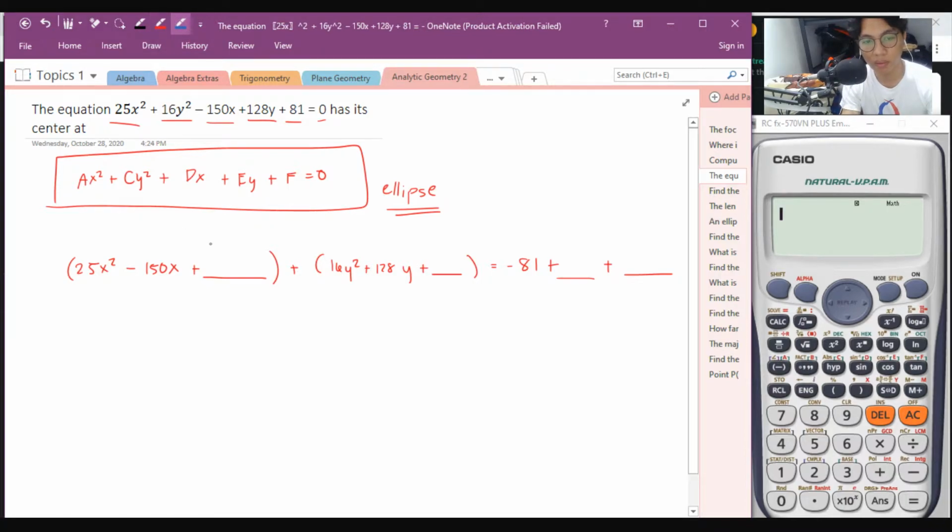Negative 150 divided by 2, squared. Tapos, 128 over 2, squared. Lagay mo dito. Negative 150 over 2, squared, or positive 128 over 2, squared.